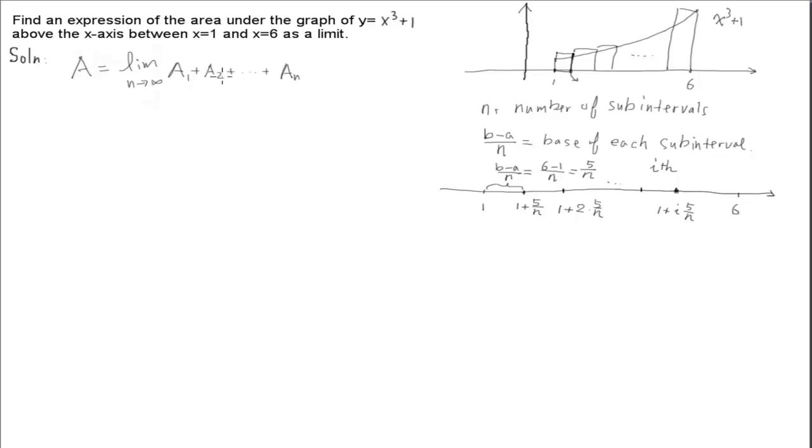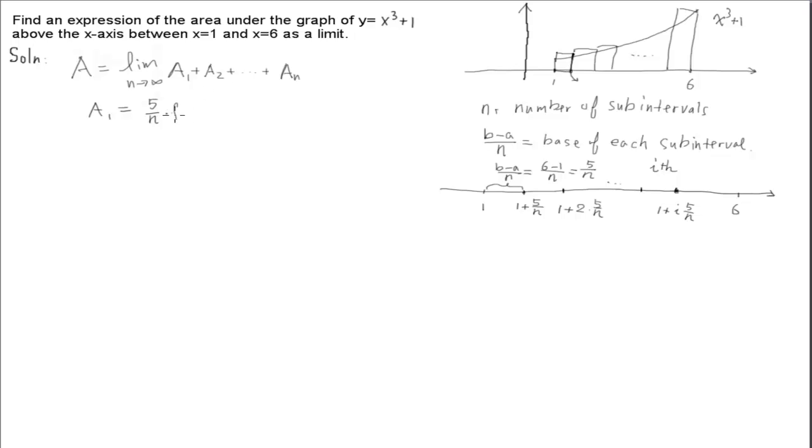Now we can write down the formula for these areas. A1 is simply base times height. Base is 5 over n, times height, for which we have to use the function's value.